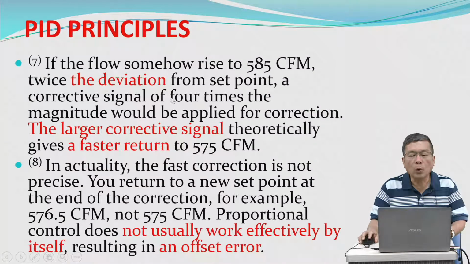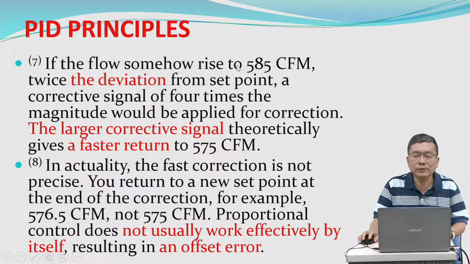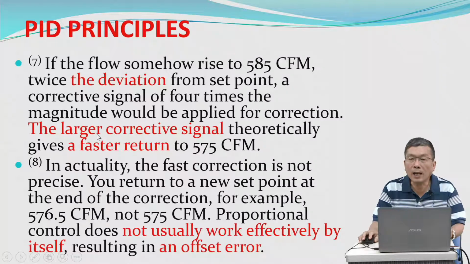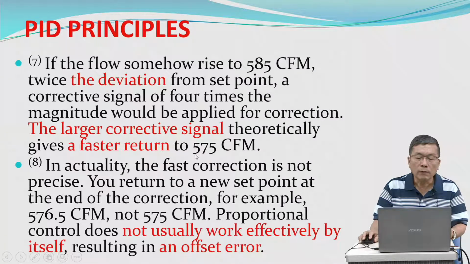If the flow somehow rises to 585 CFM, twice the deviation from the set point, a corrective signal of 4 times the magnitude would be applied for correction. The larger corrective signal theoretically gives a faster return to 575 CFM.